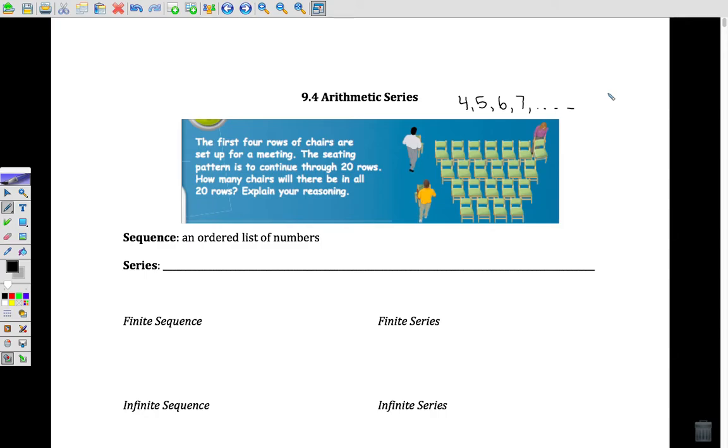So the difference between a sequence, which is just the ordered list of numbers, and a series is adding up all the terms. So a series is the indicated sum of the terms in the sequence.